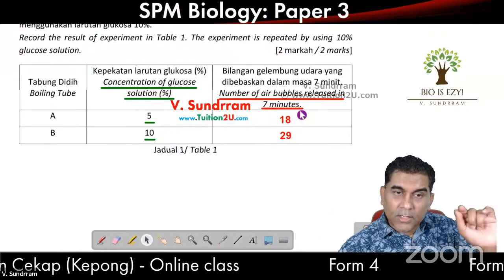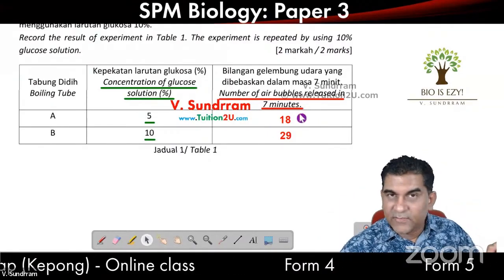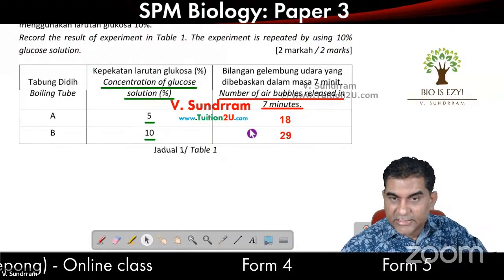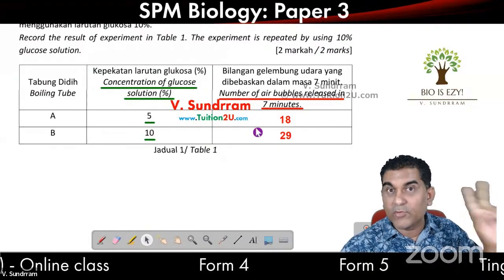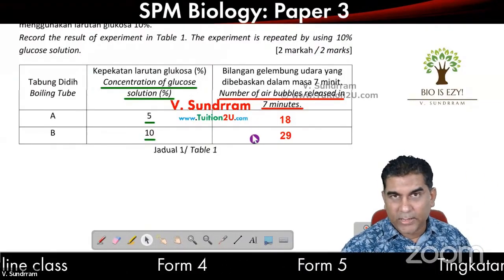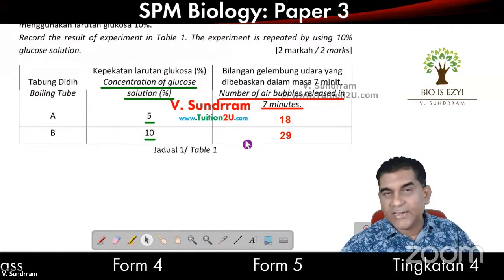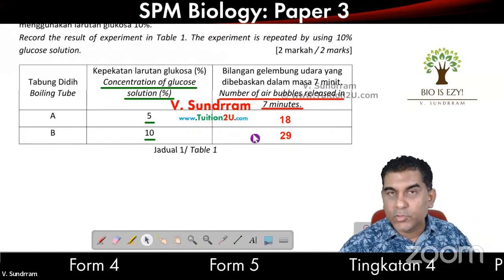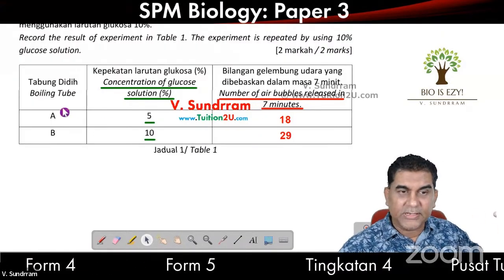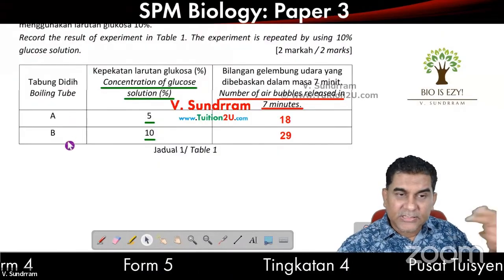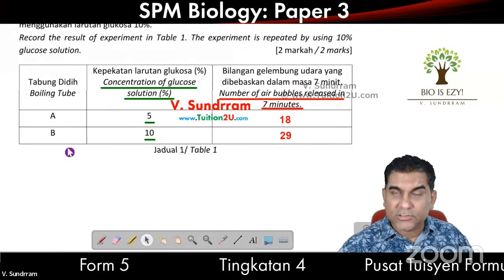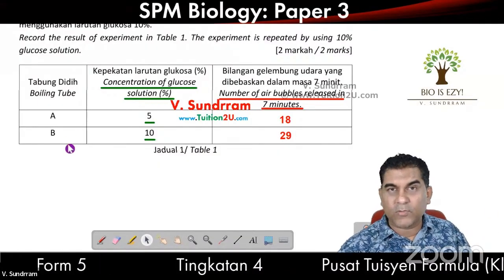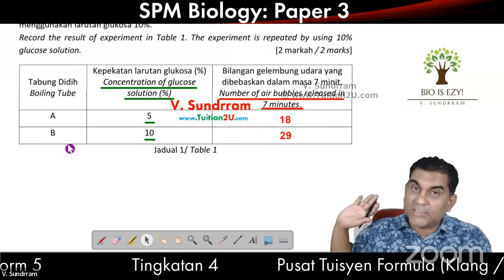So when you write the observation, like in here, there are only 2 experiments. So you have 2 observations, choose any one. Let's say you have more than 2 observations, like here we have only A and B. Let's say now there is another test tube C, for example. We don't know how the question is going to be. We don't know whether this question is coming out or not.